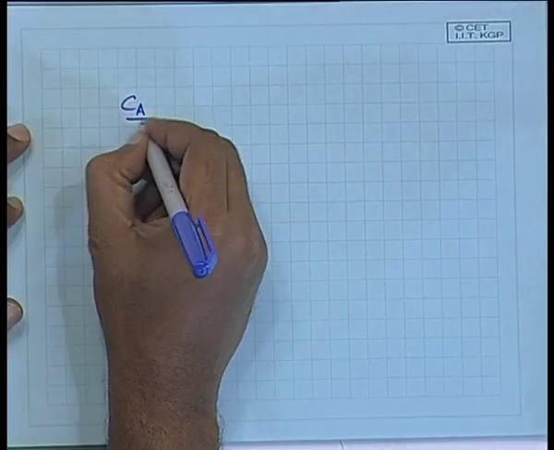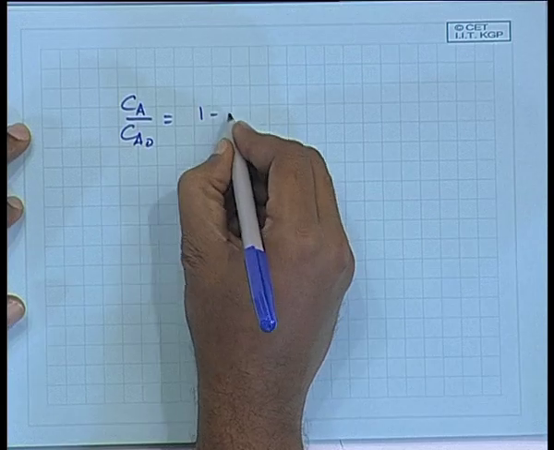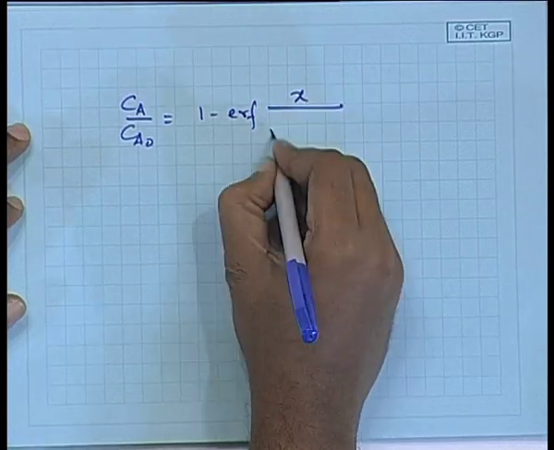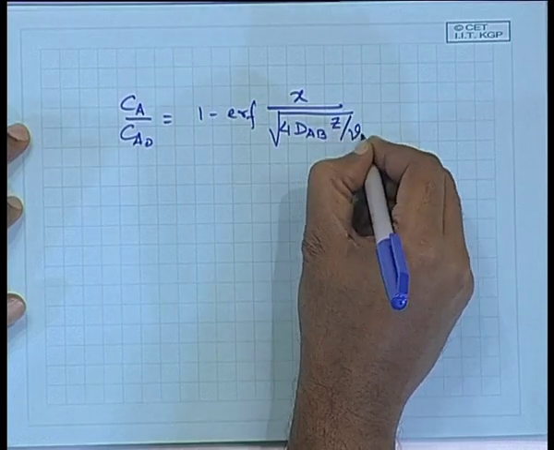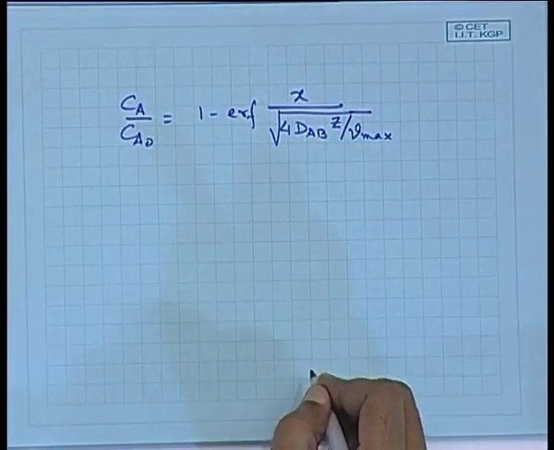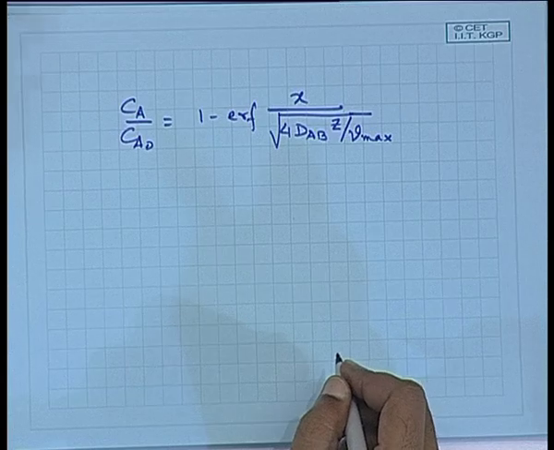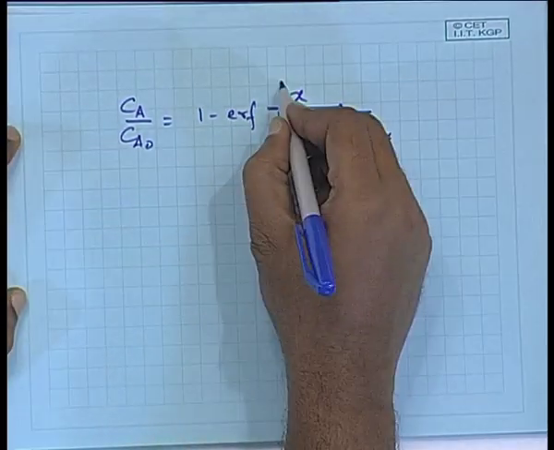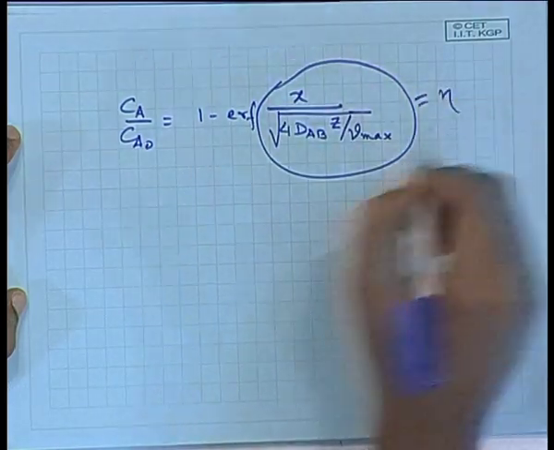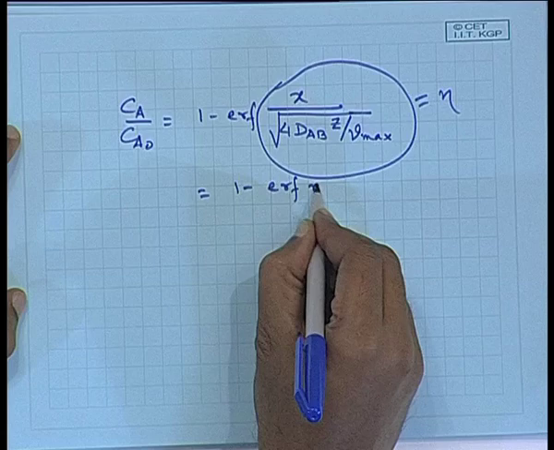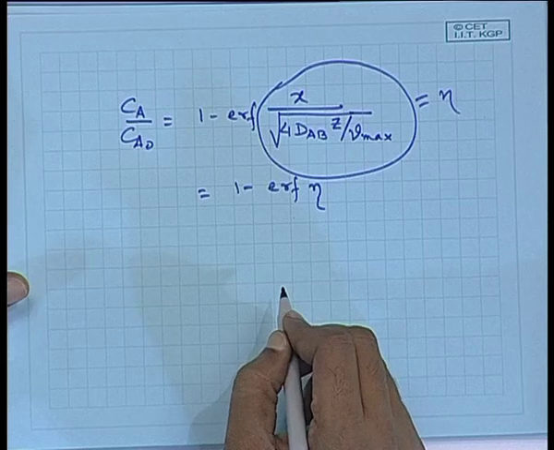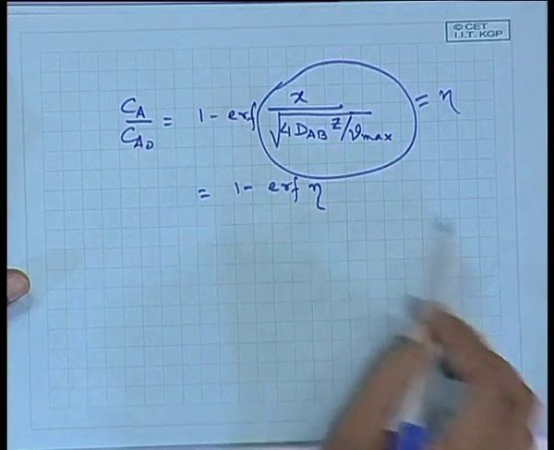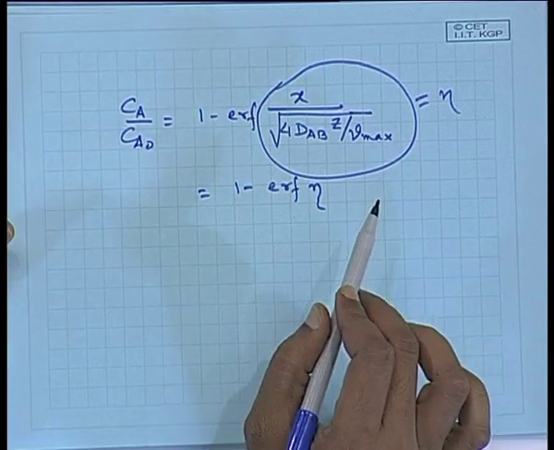If it is an error function solution, I am directly writing the solution as Ca by Ca naught equals 1 minus error function of x by the square root term. Now if I call this whole thing eta, it is 1 minus error function of eta. I am not sure if you know how error function behaves. If the value of eta is known, what would be the corresponding value of error function? Do you know that or not?